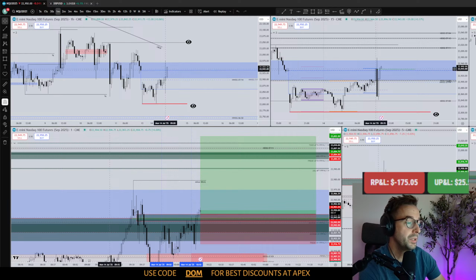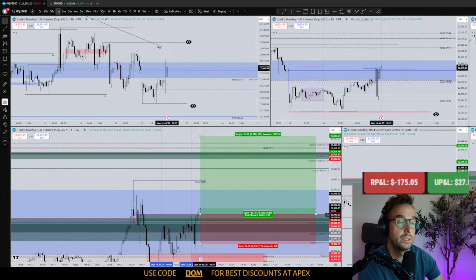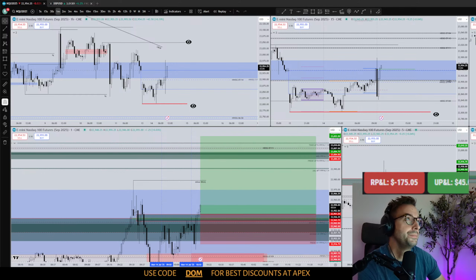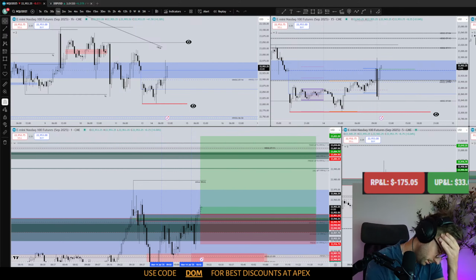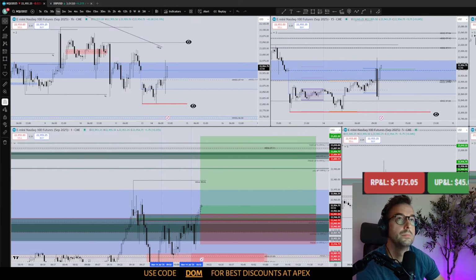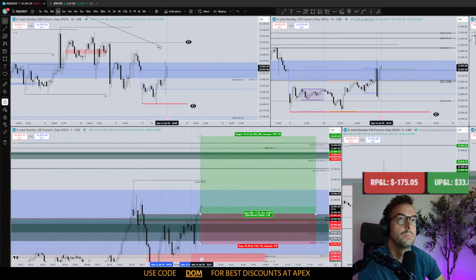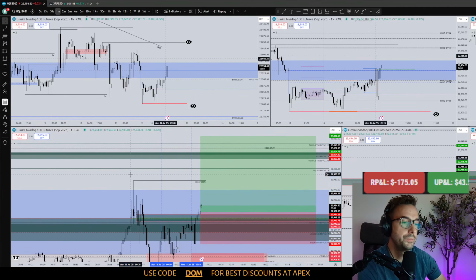But so far it's looking pretty bullish on the 15 minute, on the 5 minute. If it comes back down and rejects this level, then I'll scale in. Where's my entry? Right there.